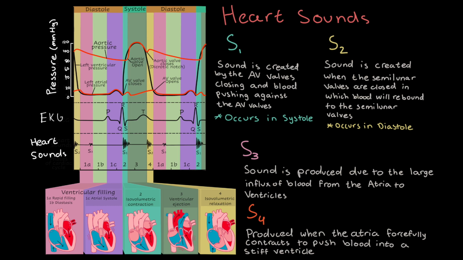Now, the final heart sound is called S4, which is also known as atrial gallop, and this occurs before S1 during the atrial systole of ventricular filling, in which the atria creates a forceful contraction due to a non-compliant or stiff ventricle. Now, one thing to note is that the S3 heart sound is totally normal in children, healthy young adults, pregnancy, and athletes.